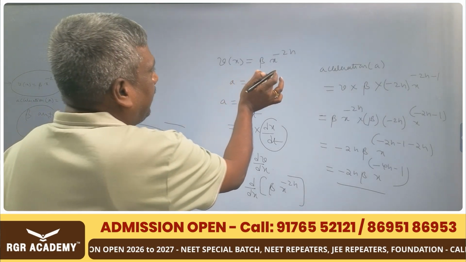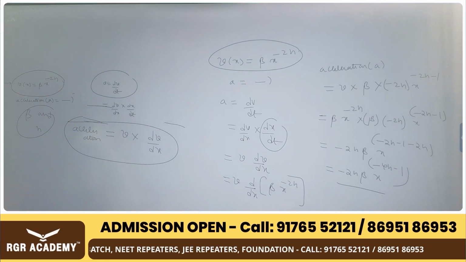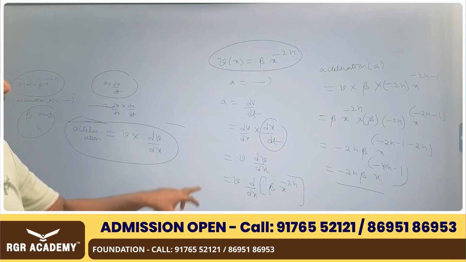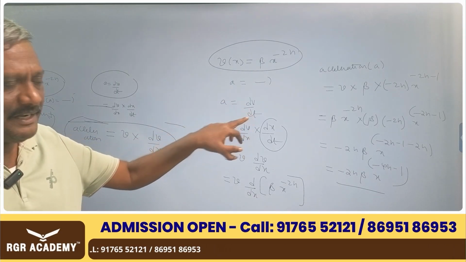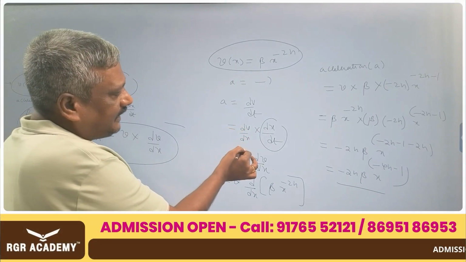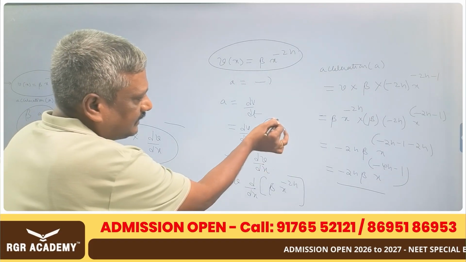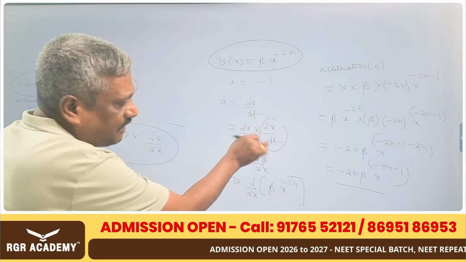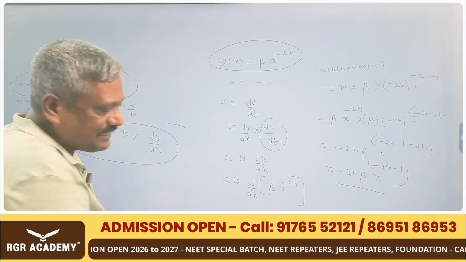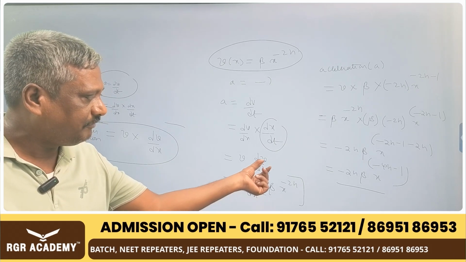Now come to the point. According to the given question, velocity Vx is equal to what? Beta into x power minus 2n is given. A is equal to dv by dt. You can adjust like this. dv by dx into dx by dt. So you get velocity is the rate of change of displacement. So you can write v into dv by dx. That is equal to v into d by dx of v.